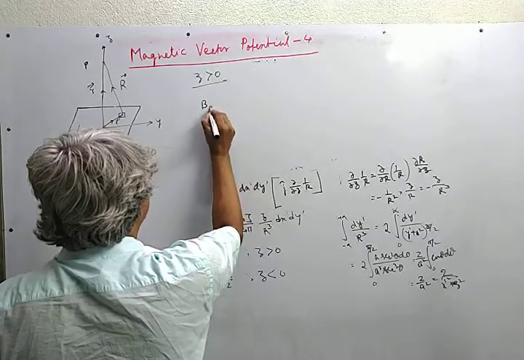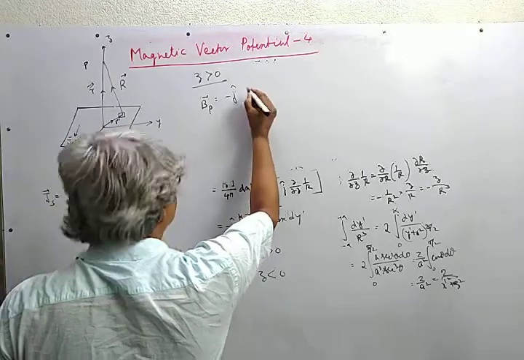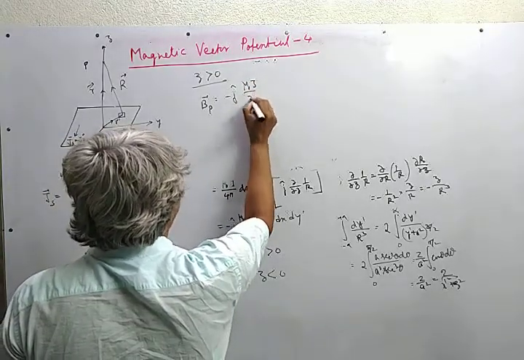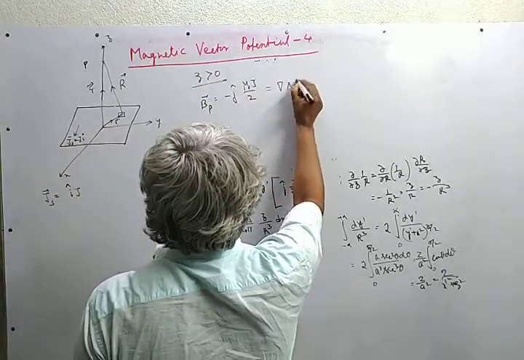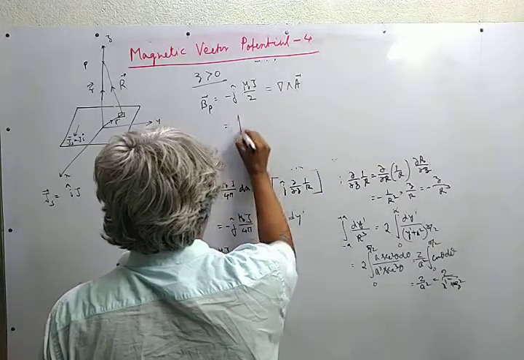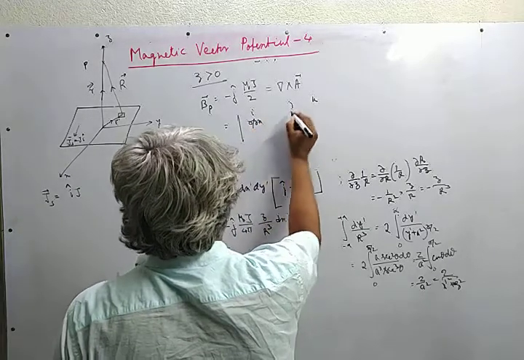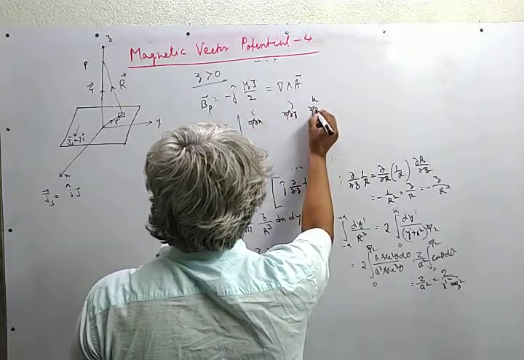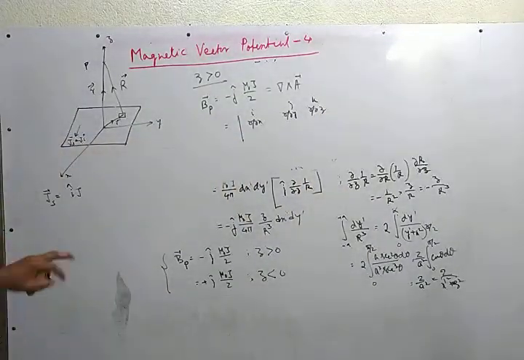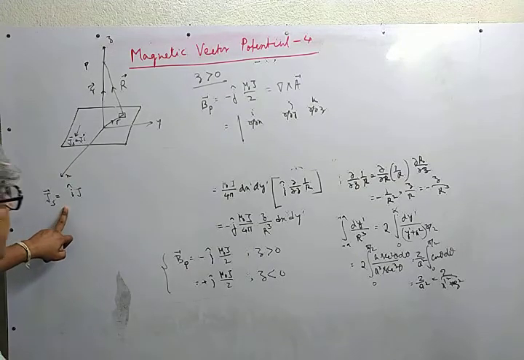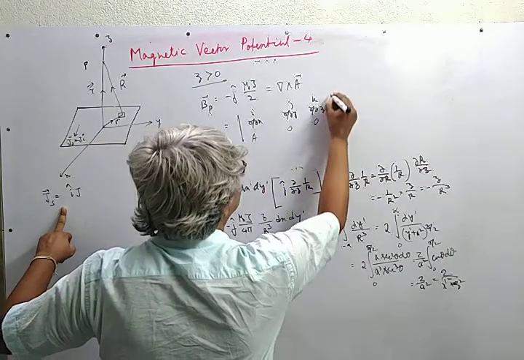So B is equal to minus j cap mu 0 j upon 2, and this is equal to curl of A, and we write curl of A as the determinant of i cap, j cap, k cap; del by del x, del by del y, del by del z. Now come to the A component. Since current is flowing in the x direction, it will have only x component, no y or z component.